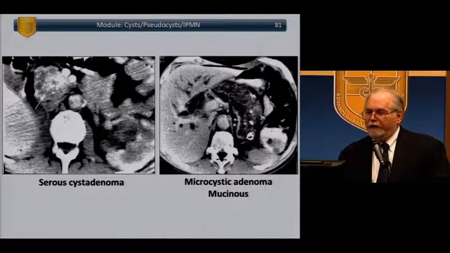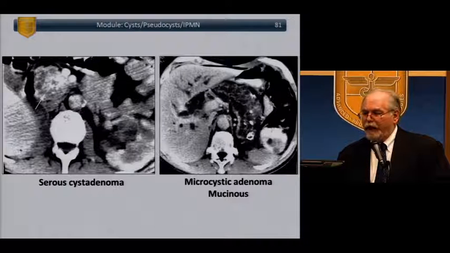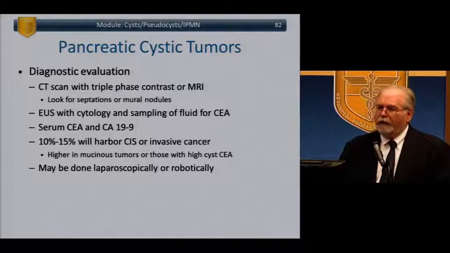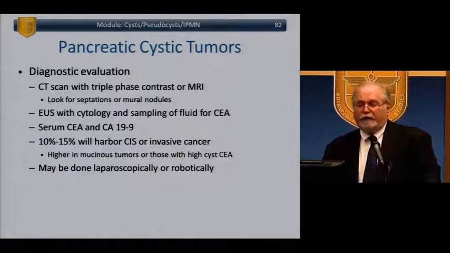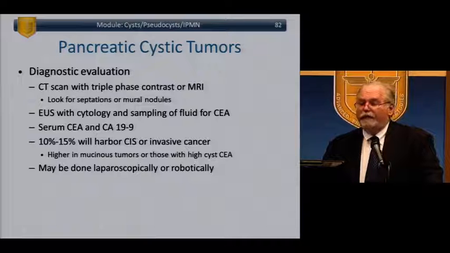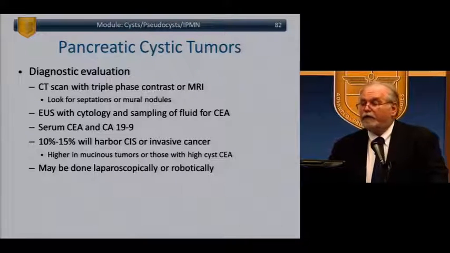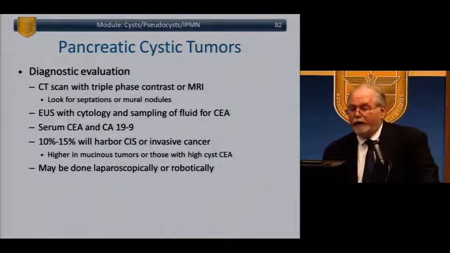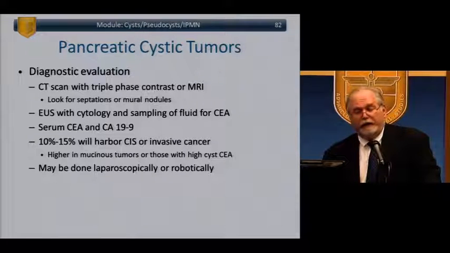So here we see a pancreatic cystic lesion of the head and of the body with a dilated duct. The diagnostic evaluation for pancreatic cystic tumors is usually a triple phase CT with an arterial and portal vein phase, looking for septations or mural nodules, endoscopic ultrasound with cytology and sampling for CEA, serum CEA and CA19-9.